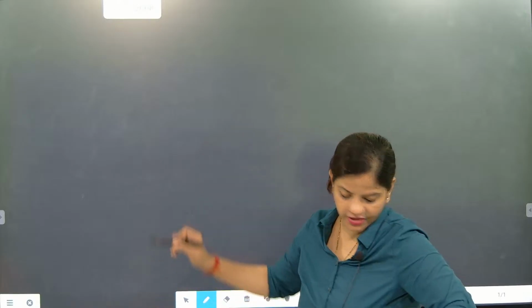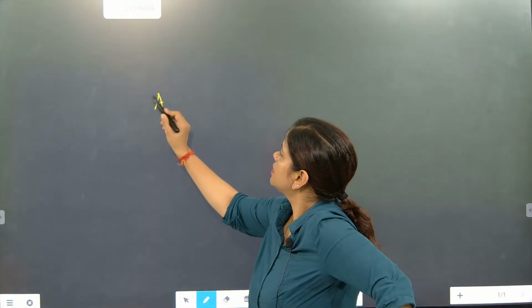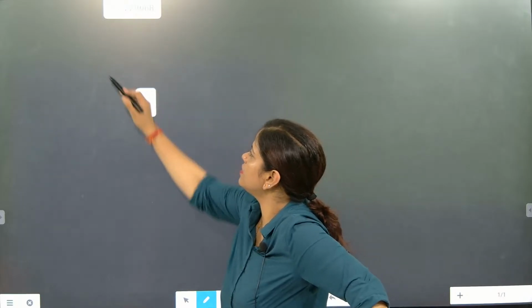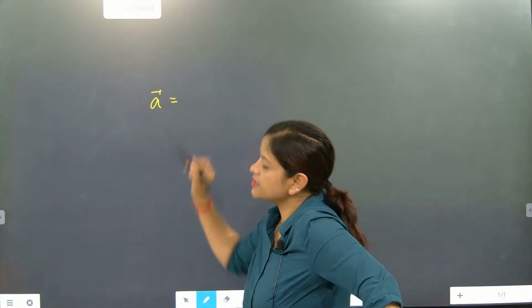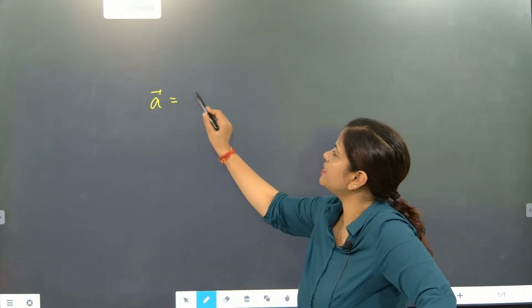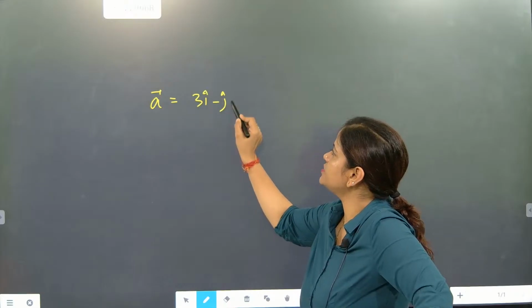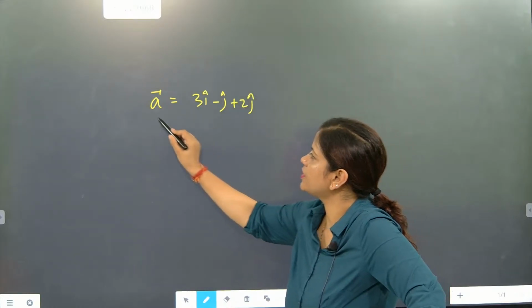A vector is coming as OA, origin part, 3i minus j plus 2k. Got it?